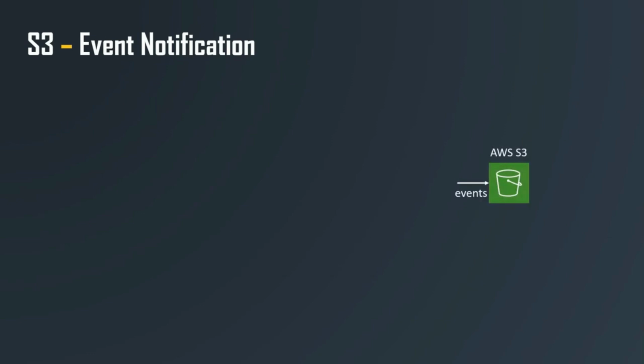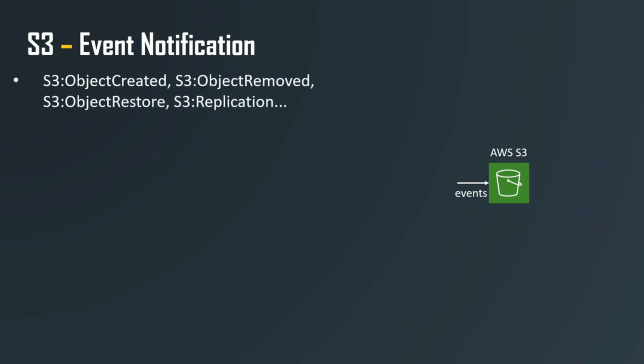Some events happen in your S3 bucket. For example, this could be a new object created, an object removed, an object that has been restored, or some S3 replication happening, and you want to be able to react to all these events. You can create rules, and for these rules you can also filter by object names.